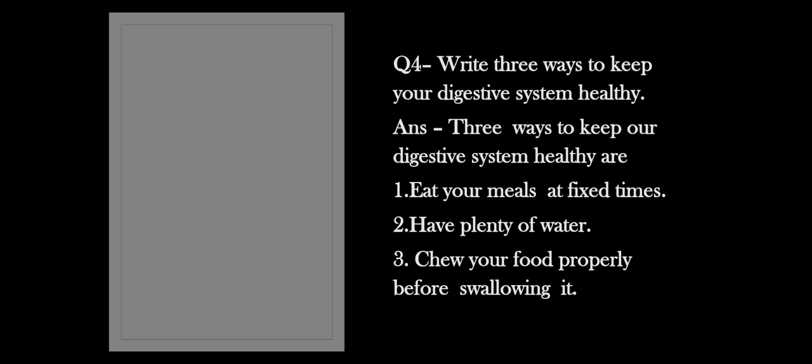Question number 4. Write 3 ways to keep your digestive system healthy. Answer is, 3 ways to keep our digestive system healthy are: first, eat your meals at fixed times.